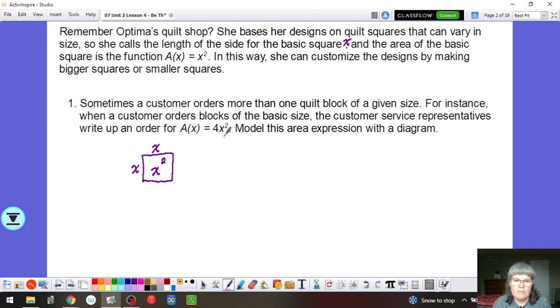This expression is saying 4 times x squared, or x squared 4 times. So we can draw a total of 4 of these squares. And we would take care of the expression A of x equals 4x squared.